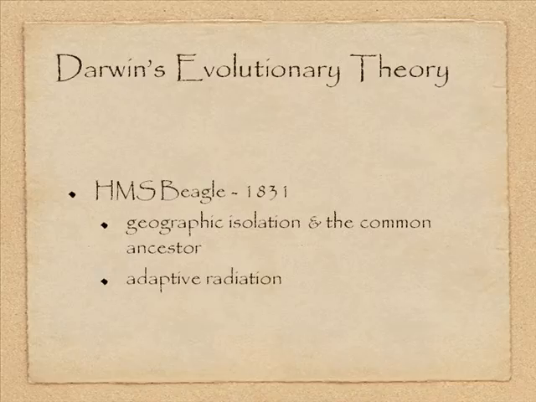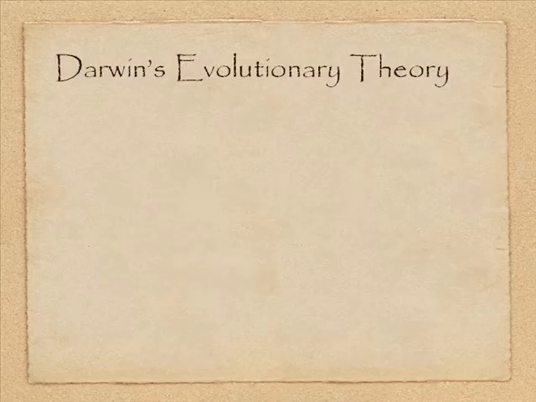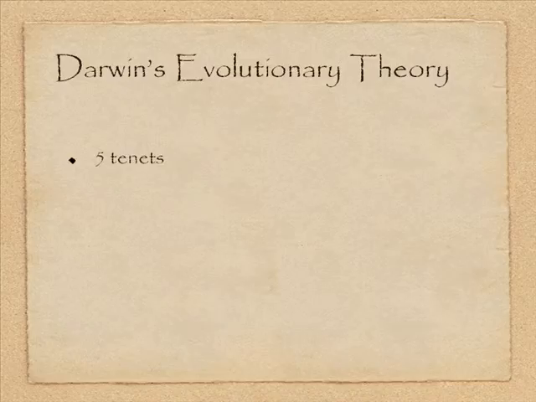Geographic barriers like mountains and oceans would cause the separation, and then these populations would start to adapt to their separate environments. And that is referred to as adaptive radiation. So all of these ideas he kind of mulled over, and when he gets back to England, he starts to develop a more cohesive theoretical approach.